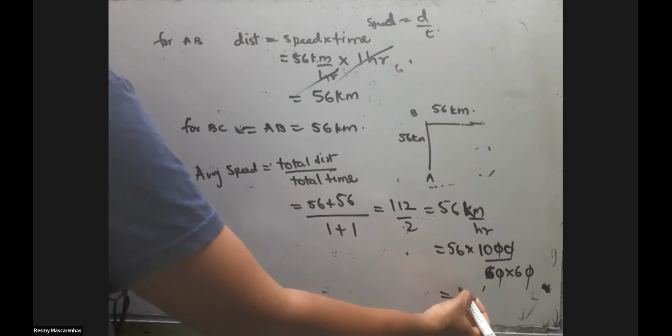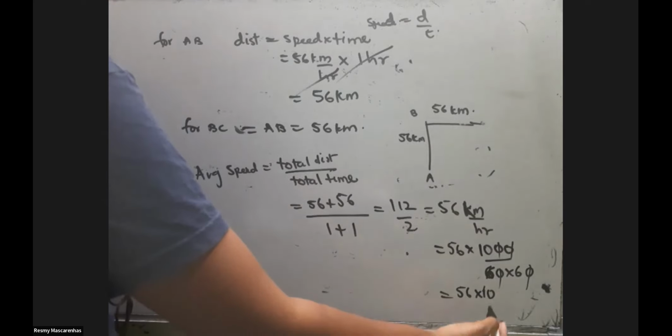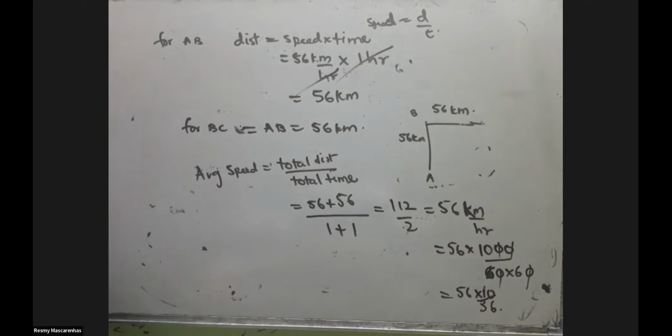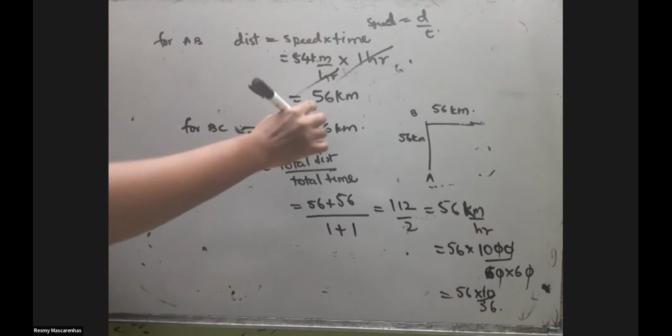So this would be 56 into 10 upon 36. That would be the average speed. The rest we'll do the changes, just correct it.